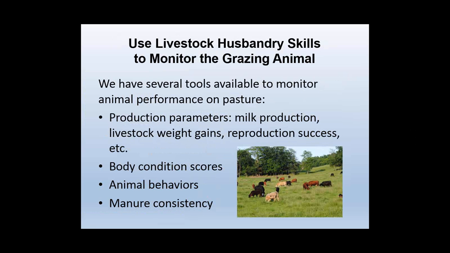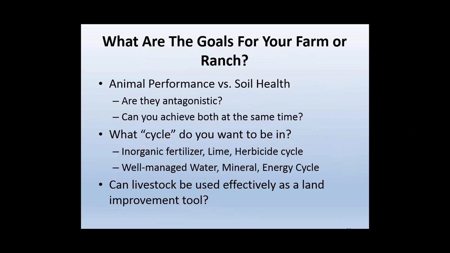Through the years, we have wandered away from the observational side of things, and I think that's to our detriment. Really the very best way to determine success in a grazing operation is close daily observation of your soils, your forages, and the animals themselves.